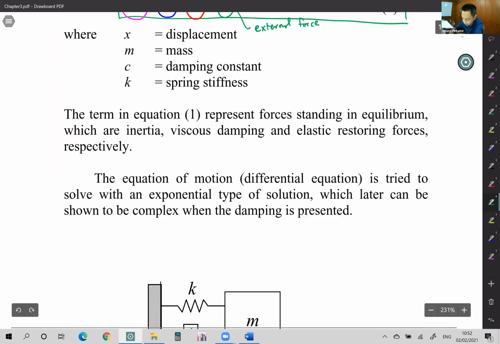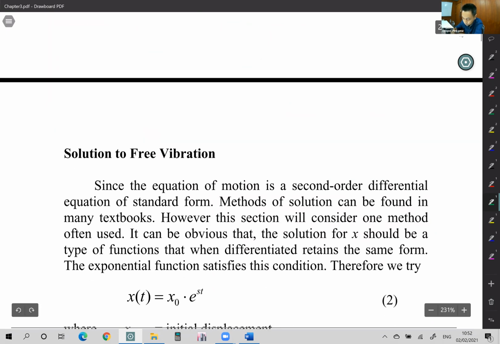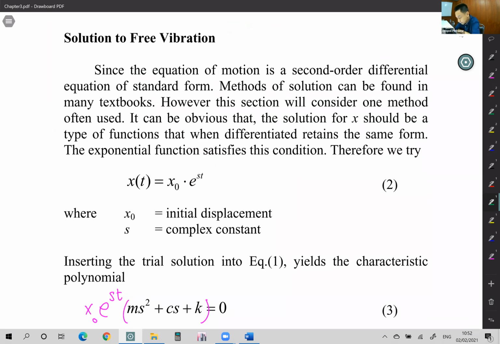And such a function is the form as in equation number 2, the time exponential function. The exponential function e to the power of a constant s multiplied with time t is one of the possibilities.